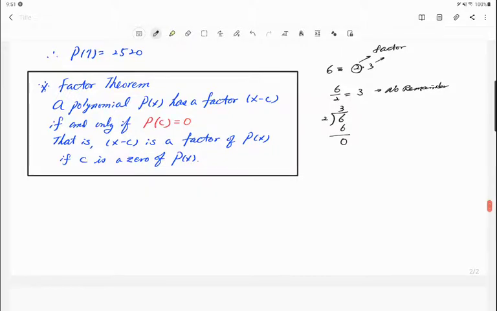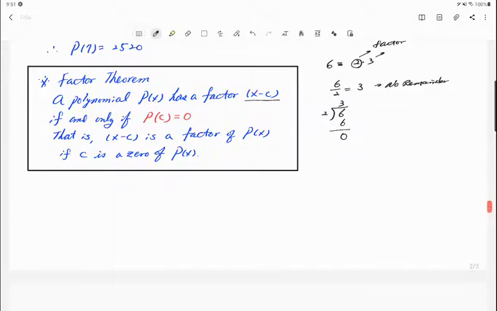So P of x has a factor. So x minus c is a factor. So we can write it something like this. P of x equals the quotient, I don't know what the quotient is, but the quotient times x minus c. Factor, right? That means there's no remainder. So remainder is always 0.